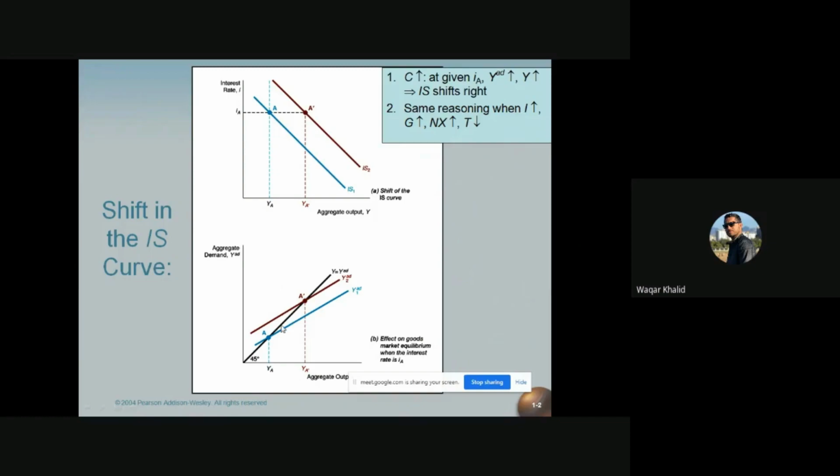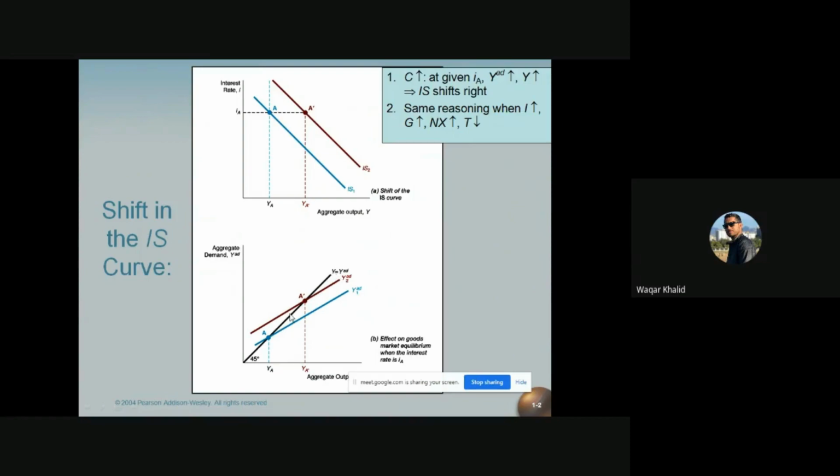So look at this one. This is Y1AD, the aggregate demand curve, and this aggregate demand curve crosses the aggregate output curve at point A. This is the 45-degree line, the black line.